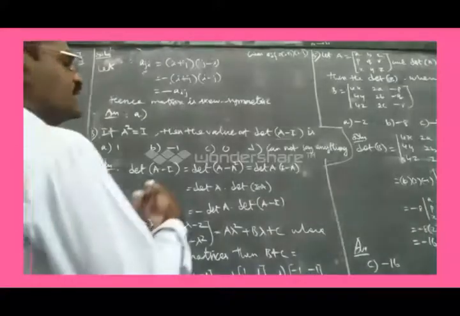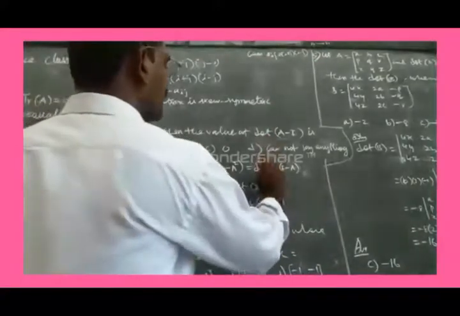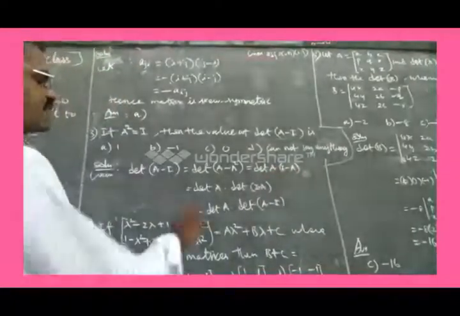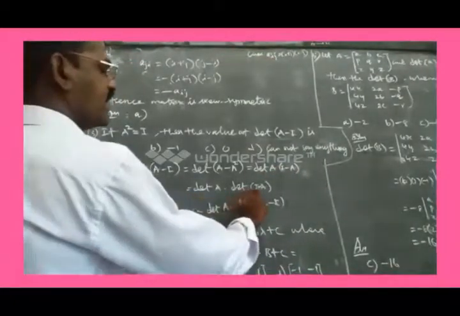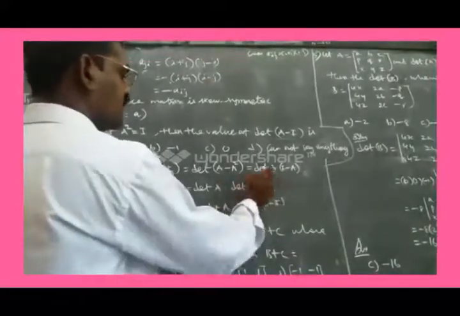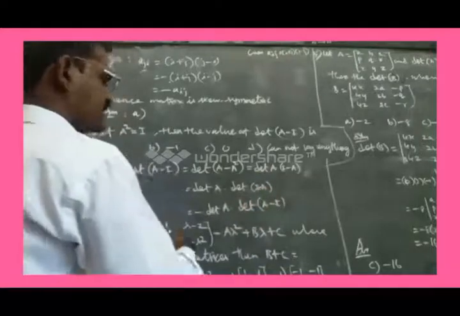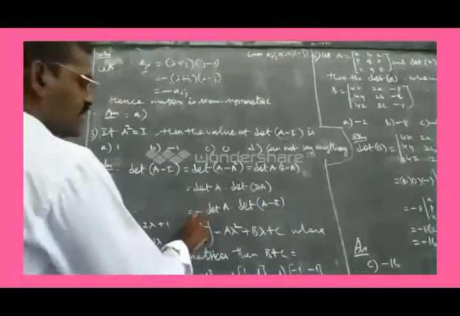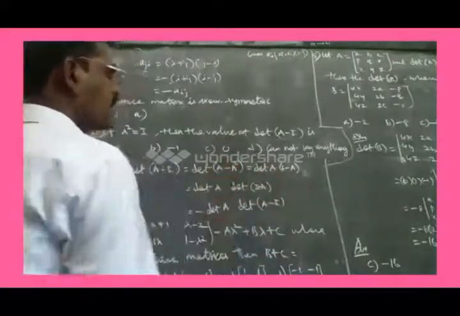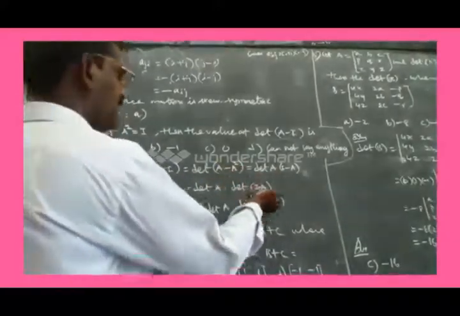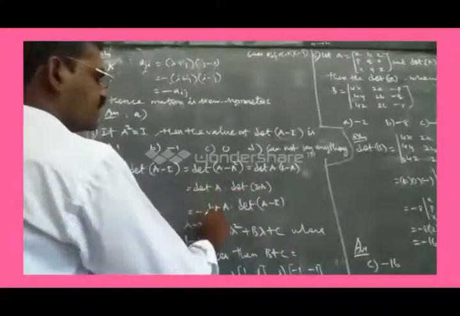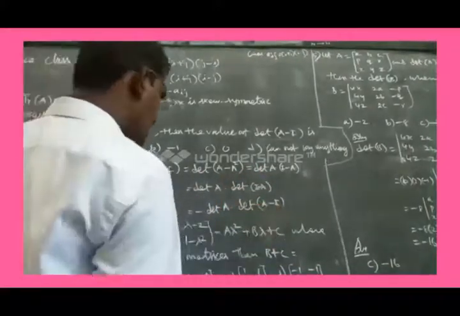So we should split the given term. So determinant of A into determinant of (I minus A). Taking minus, then next equal to minus determinant of A. So here, taking minus determinant of A into determinant of (A minus I).